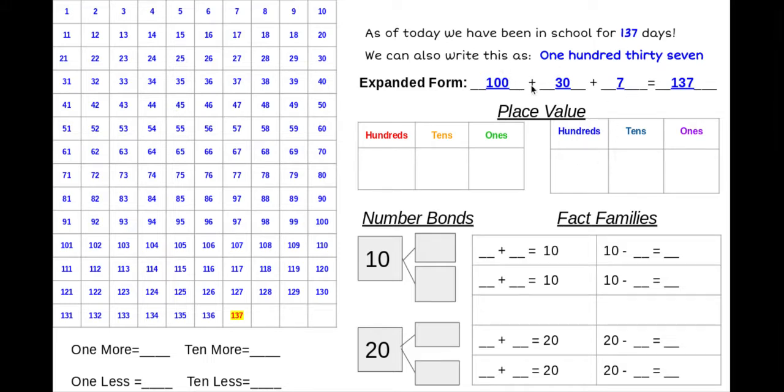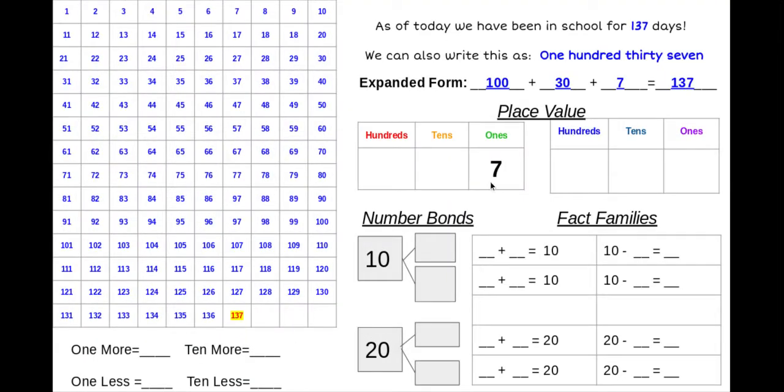And if you wanted to make it easier like we were doing, we went back to our old place value chart over here. We can work it out also with our pictures and our place value chart. So let's work this out together. We have 7 ones. Look at our ones value here. We have 7.